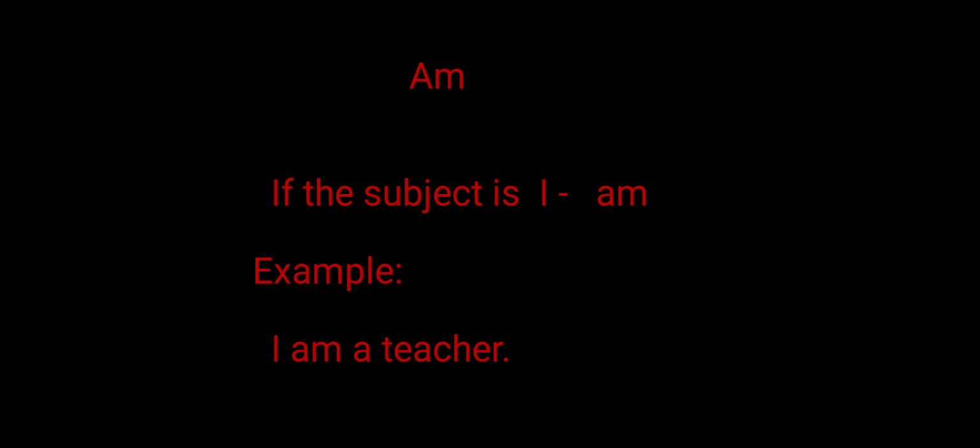Today I'm planning to talk about the use of is, am, and are, how these words, let's say the modals, auxiliaries, are used in English sentences. Let's talk about am first.